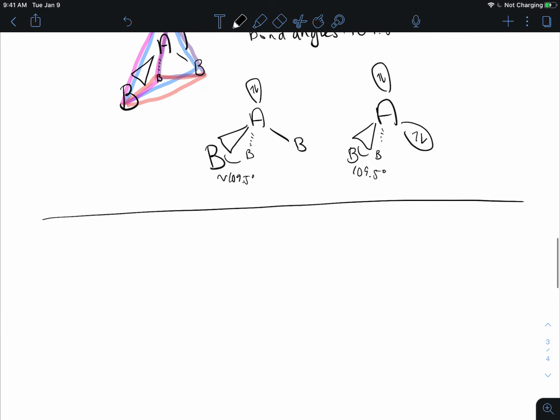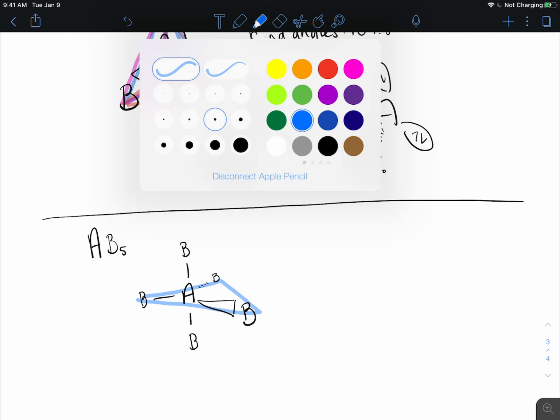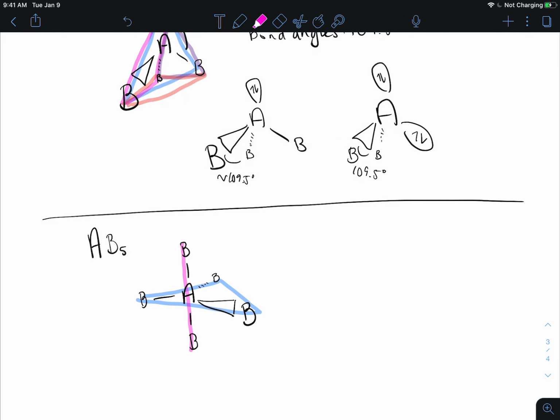Next geometry we're going to look at, we have an AB5 structure. So a central atom surrounded by 5 electron domains, like so. And here I want to point out that we have this right here and this right here.